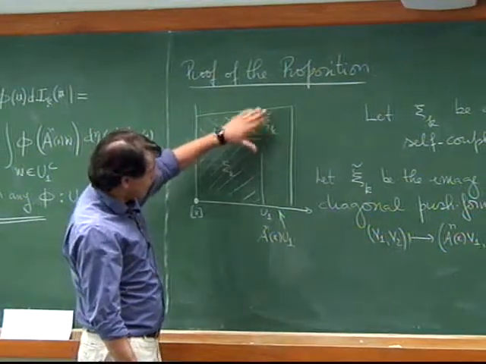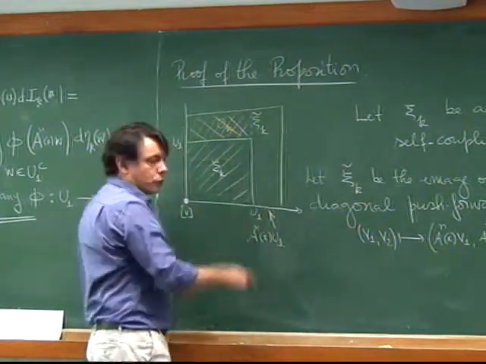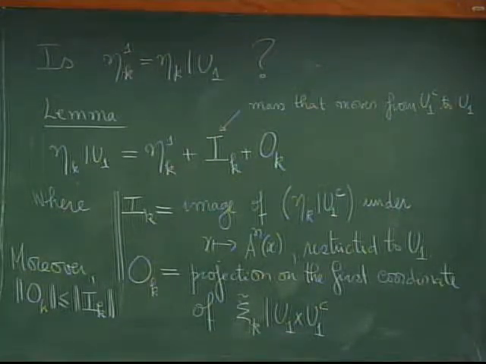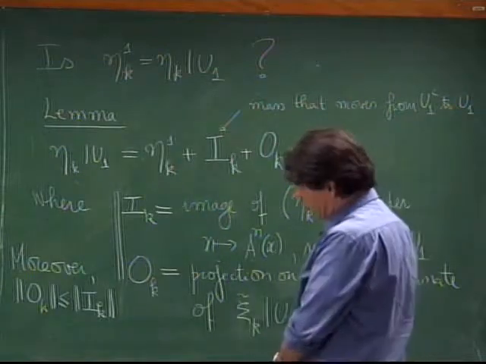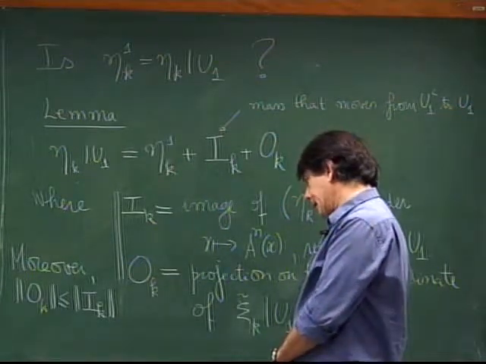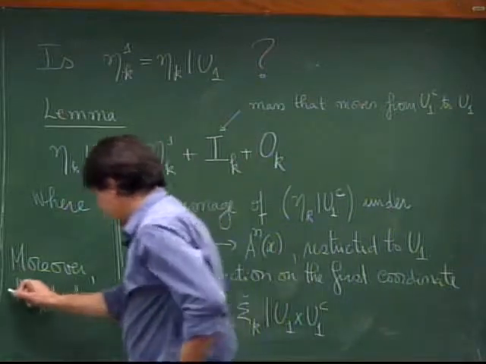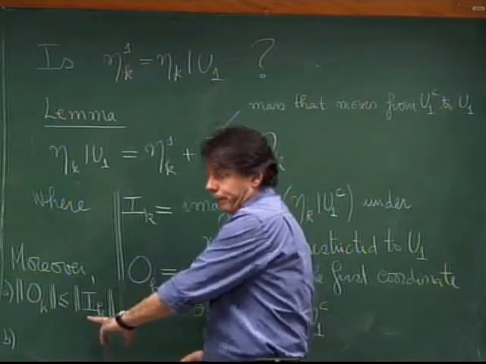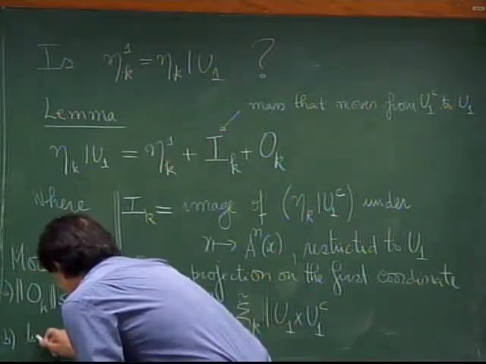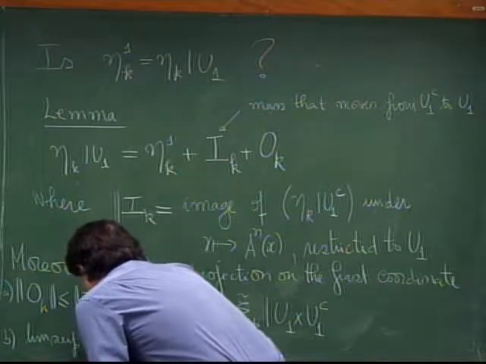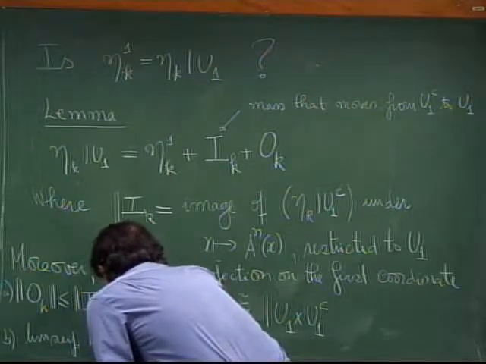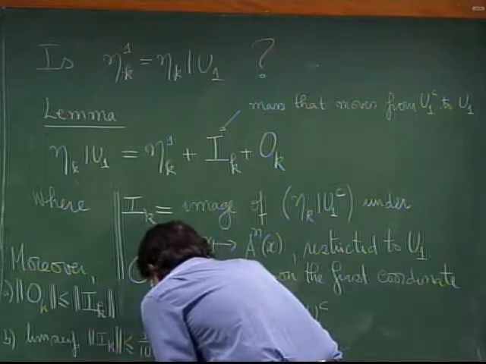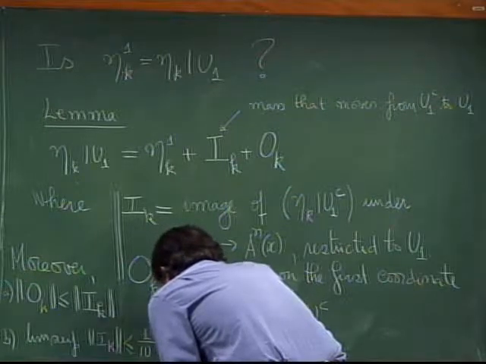There's a little extra that I don't count because I don't care. The only part that affects the projection on U1 is this one. And the other fact in the lemma is that IK is also small. The lim sup of IK, the total norm, is less than 1/10 of the mass of the atom.